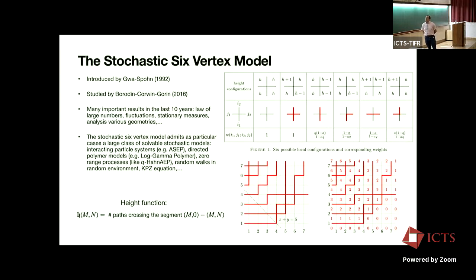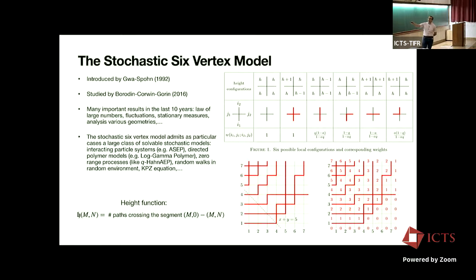So why is this model relevant? It's very simple to sample. It describes interesting physics, namely the physics of the KPZ universality class. But from an algebraic and solvable model point of view, this model is essentially the building block of every other exactly solvable model, because playing with these rules, one can define many other exactly solvable models.